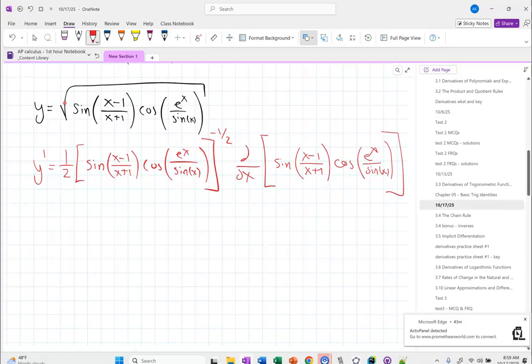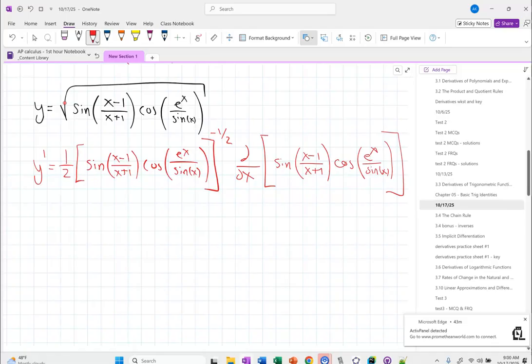Everybody's good with the first chain rule that we did. Well, the outermost thing is the square root over everything, right? So the first thing we have to do is this chain rule. I'm looking at what's the outermost operation going on. The outermost operation is the square root of everything inside. That's a chain rule. Now, if I look at this derivative, what's the outermost operation going on now?